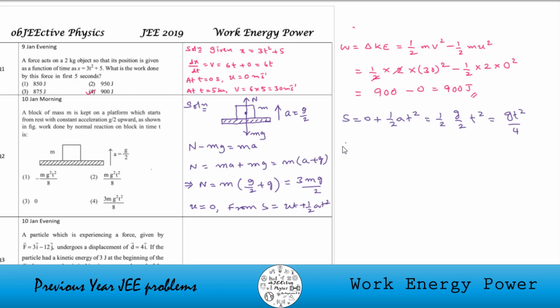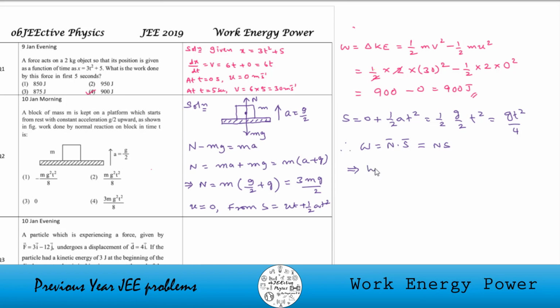Now work done due to normal reaction, W is equal to N bar dot s bar, that is Ns cos theta. Here N and s are parallel to each other, so it is N into s only. Theta is equal to 0 between N and s, the normal reaction and displacement of the platform.